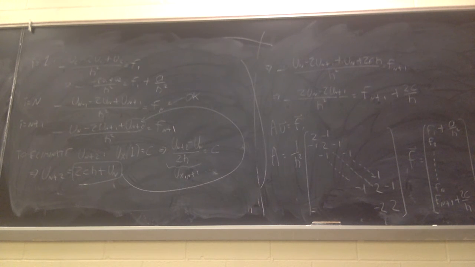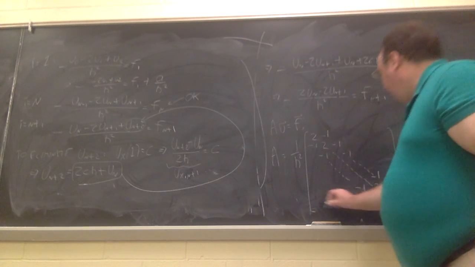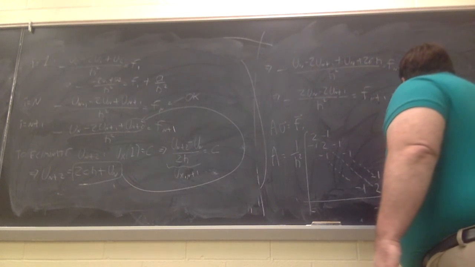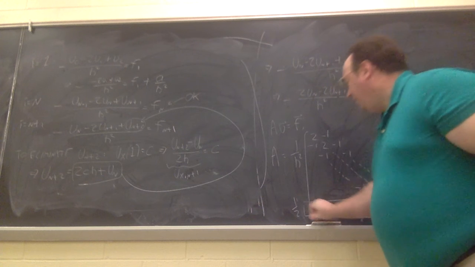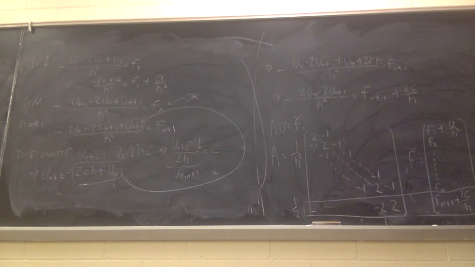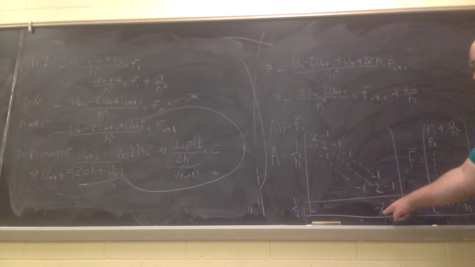It's not symmetric, but it turns out we can fix that. What you can do is take this whole last equation and multiply it by 1/2. You can always scale a single equation by any constant, as long as you do it to both sides. Then that becomes a -1, and it's symmetric again.